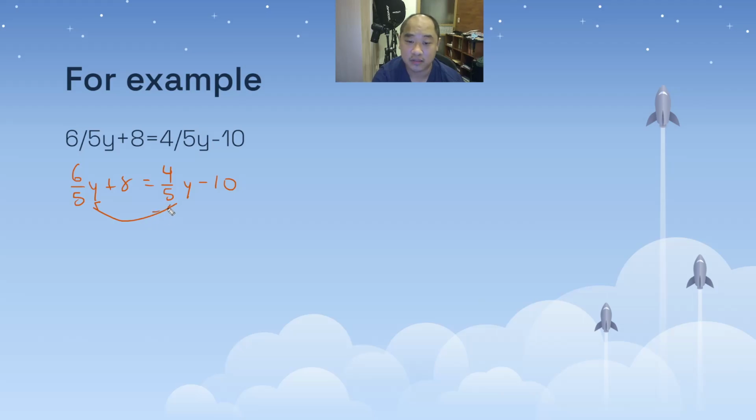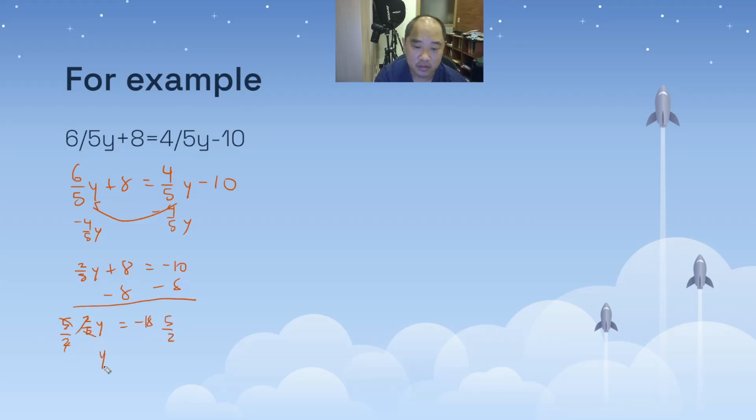So we'll subtract 4 over 5y from both sides. And that would give us 2 over 5y plus 8 equals negative 10. Subtract 8 from both sides. 2 over 5y equals negative 18. And then multiply both sides by 5 over 2.